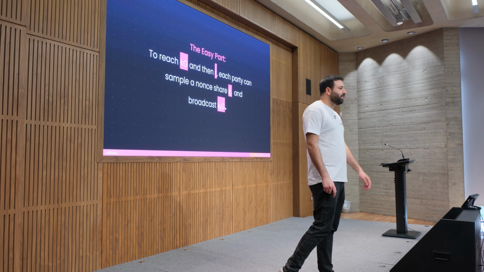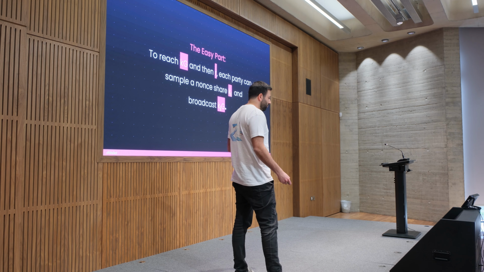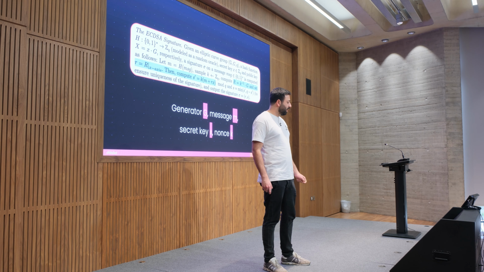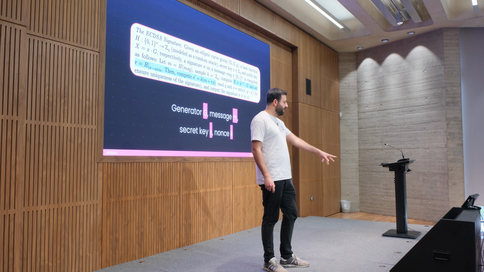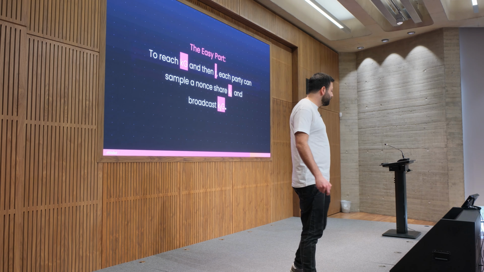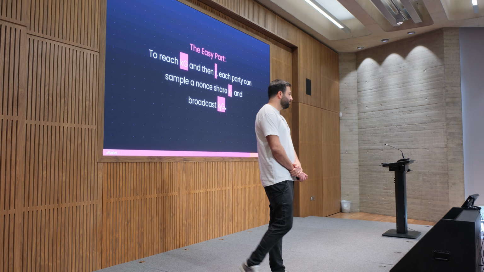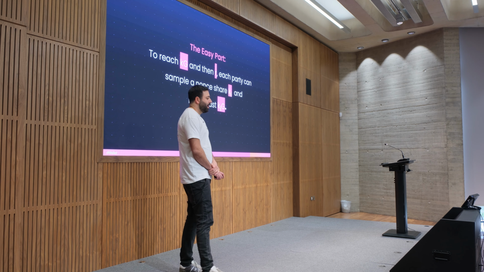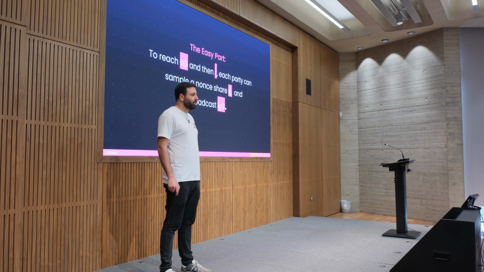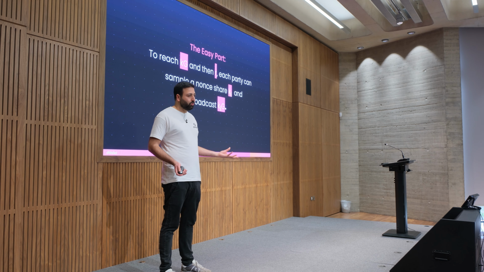And the easy part is to reach, there's two parts in the signature. You have R equals K inverse times G, and you have S tag, which also includes the key. The easy part is to reach K times G. That is because K times G is actually a homomorphism also.